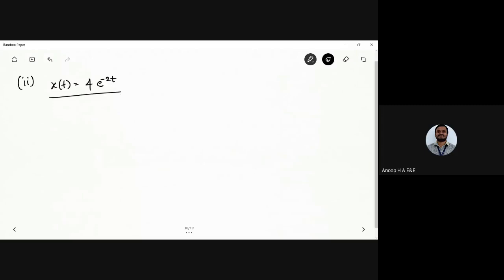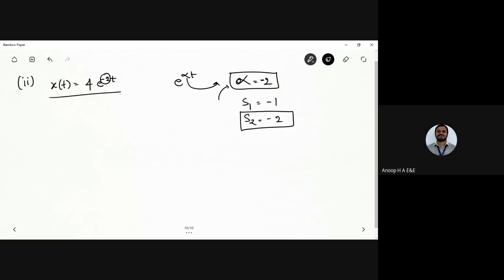Comparing with e power alpha t, the value of alpha is minus 2. The roots from the characteristic equation are s1 equals minus 1 and s2 equals minus 2.